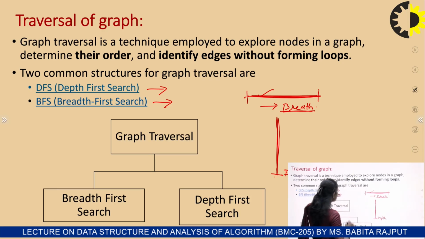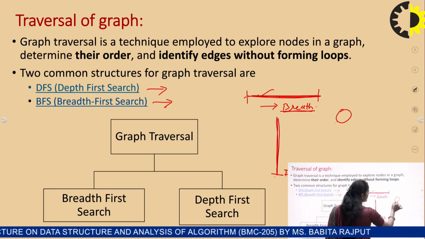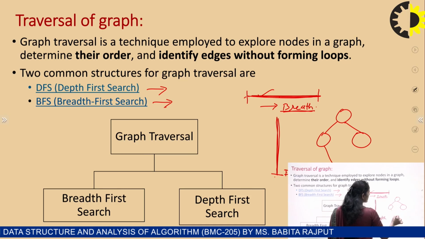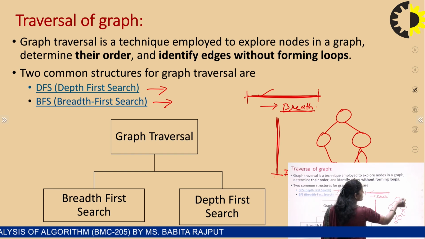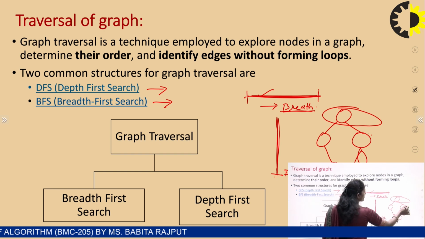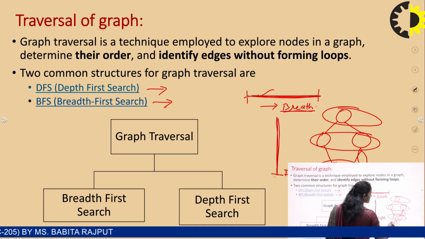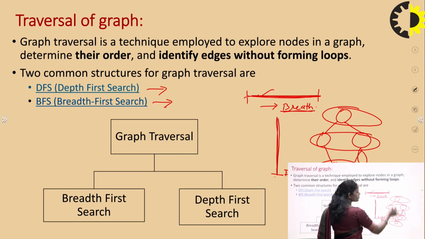So here we have a graph. Let's suppose this is my graph, right? If I am traversing this graph in such a manner, that is known as breadth first.